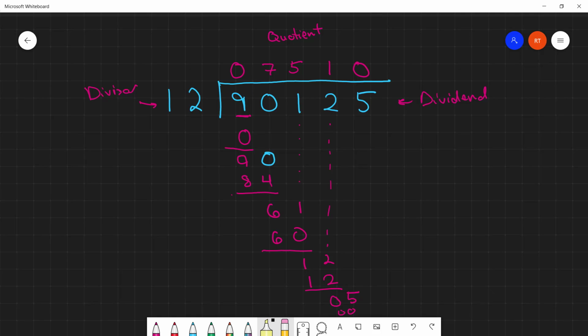This shows you another thing that makes division different, namely that it results in not one but two numbers, a quotient and a remainder. In this case, the answer is a quotient of 7,510 and a remainder of 5. So we say 12 goes into 90125 7,510 times with 5 left over.